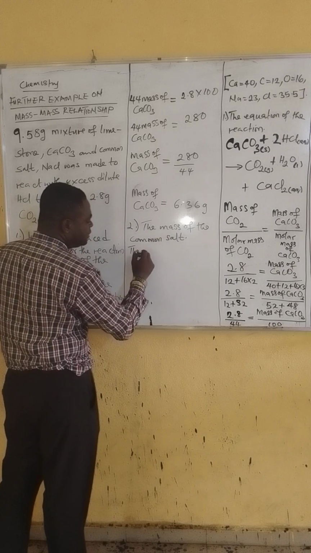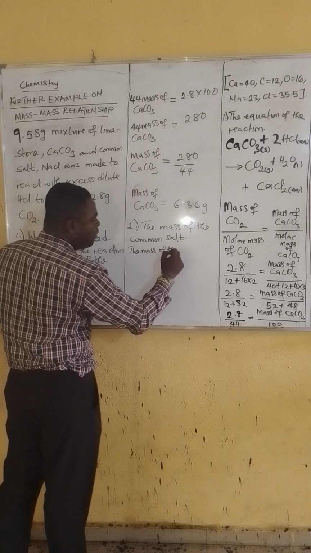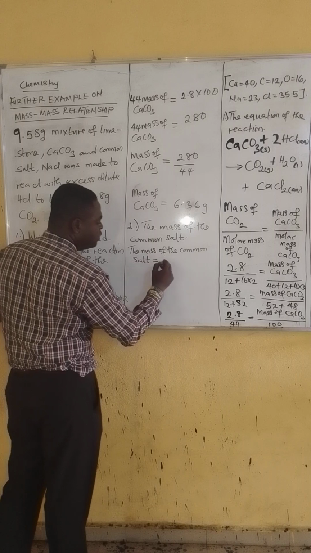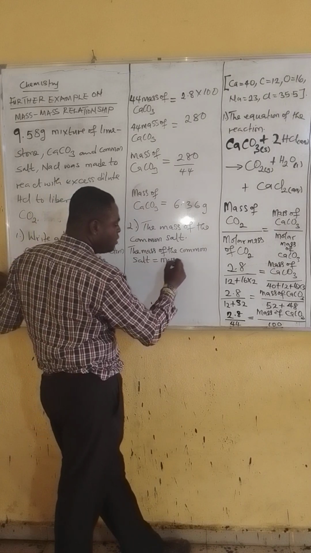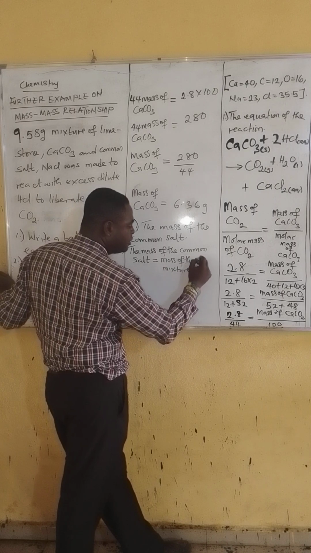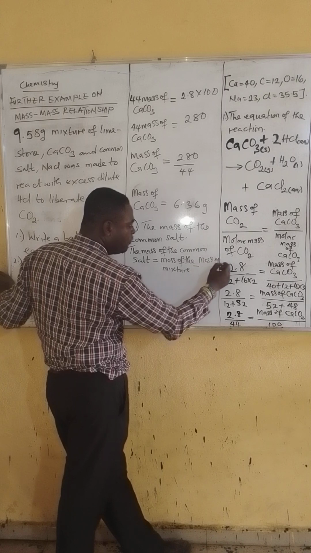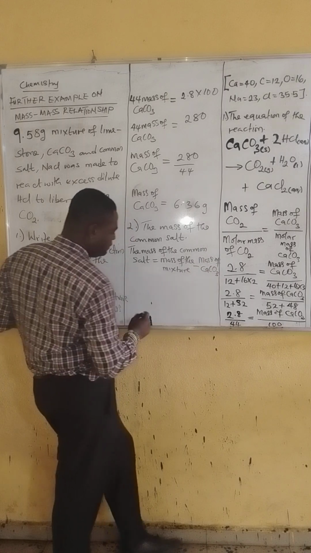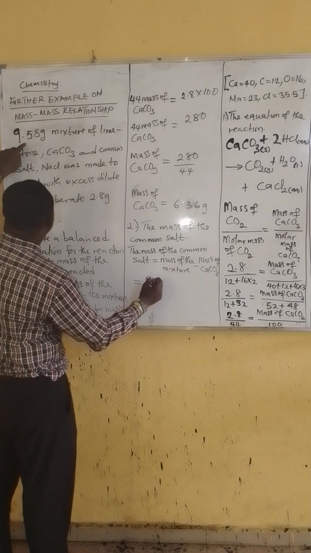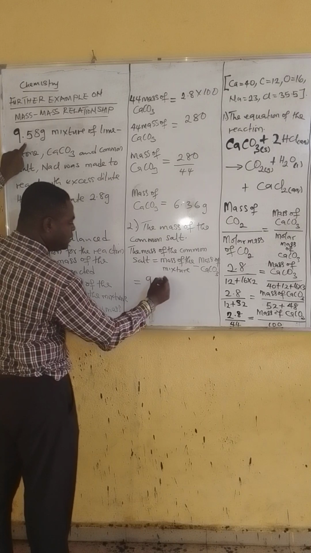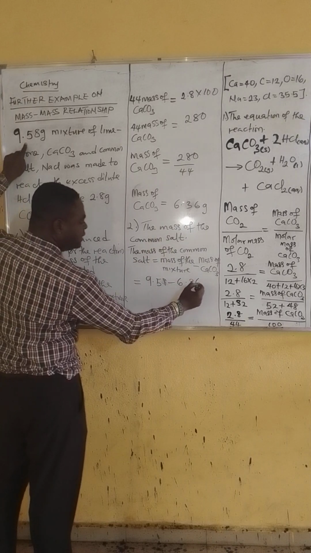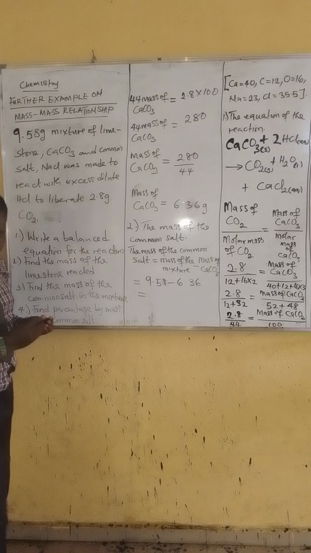So the mass of the common salt is equal to mass of the mixture minus mass of CaCO3. So what is the mass of the mixture? 9.58. Then what is the mass of CaCO3 we got here? 6.36.